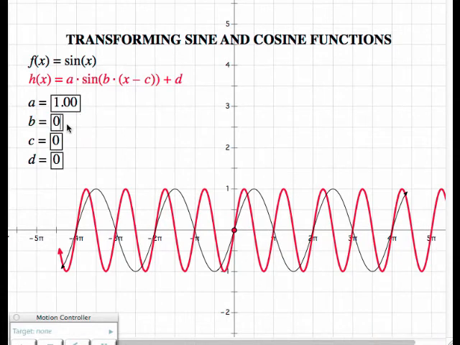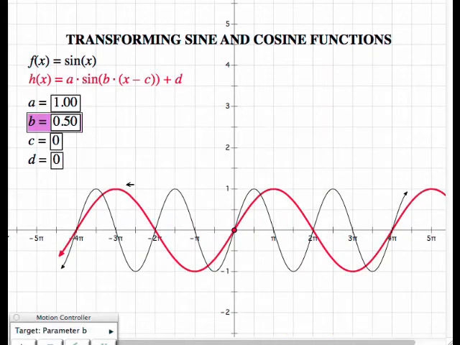If I were to make my b value 0.5, then I should anticipate my original points being multiplied by a factor of 2, causing the graph to take twice as long to complete one cycle. So no longer a standard period of 2 pi, but double 2 pi to 4 pi. So we can see that the b is affecting the period.